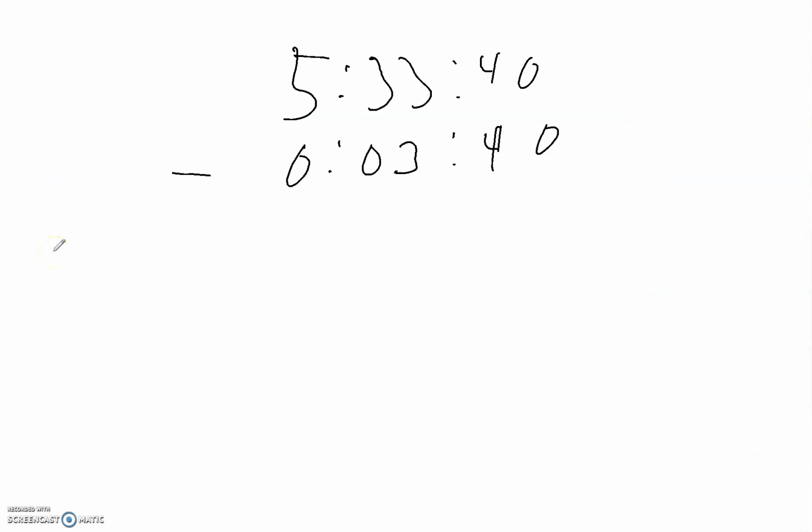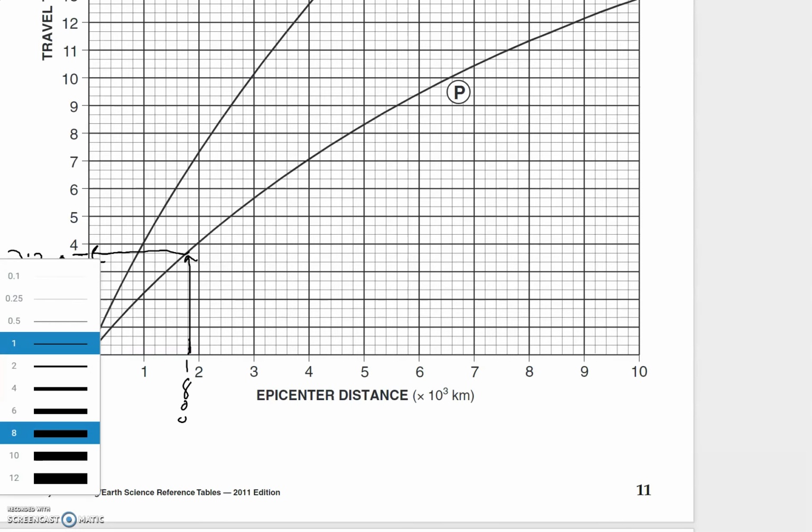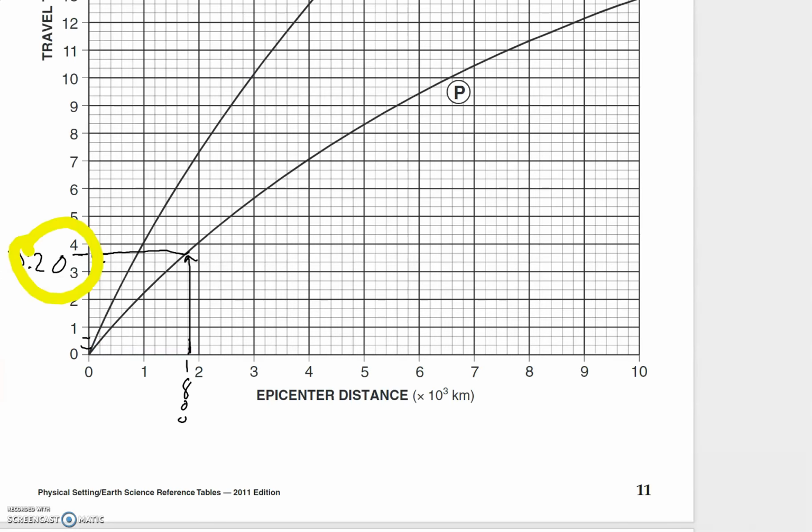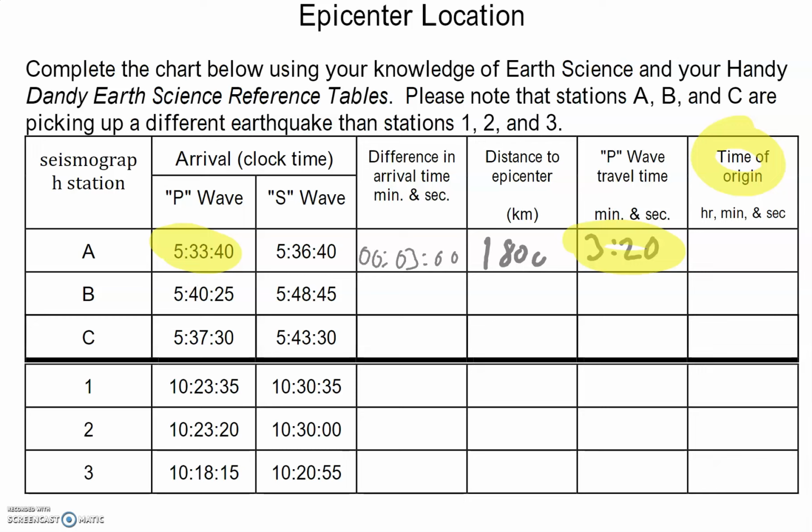Look at that. My bad. That's not 3:20. That's 3 minutes and 40 seconds. So, let me fix myself here real quick. Sorry about that. Okay, back to my chart. We got to change our answer here to 3 minutes and 40 seconds.